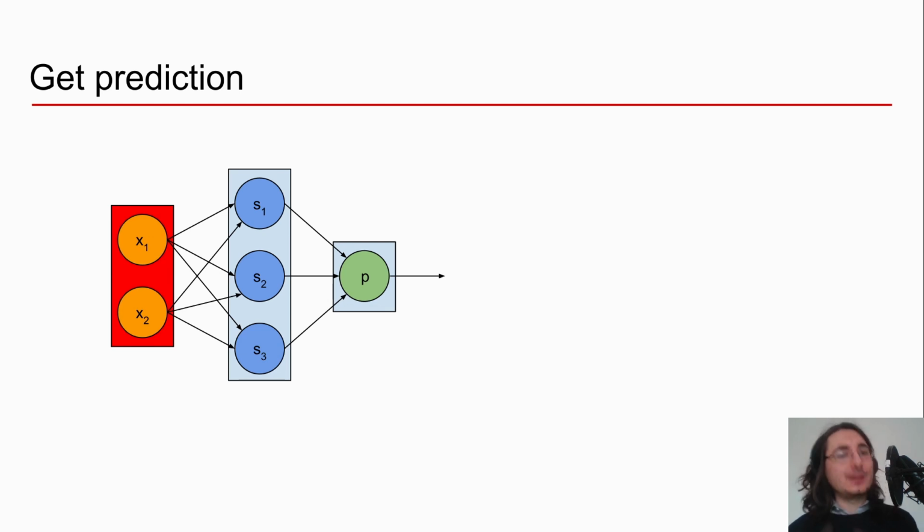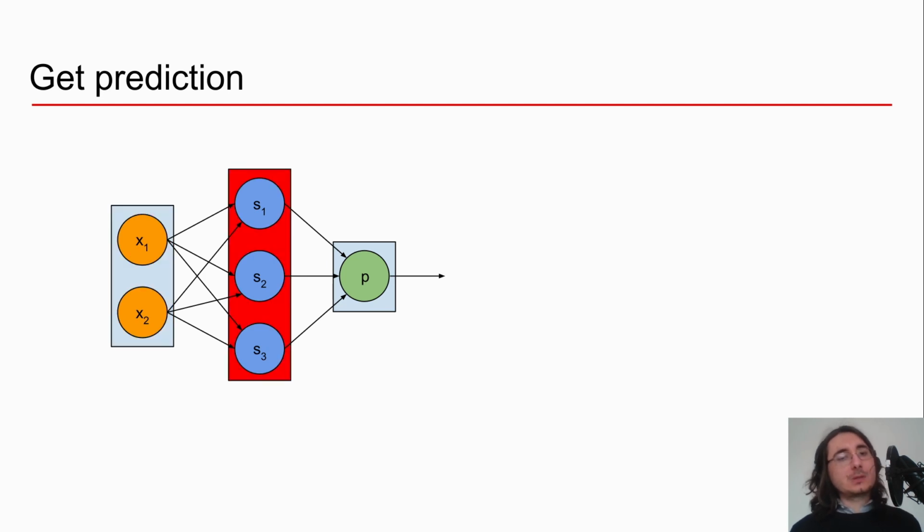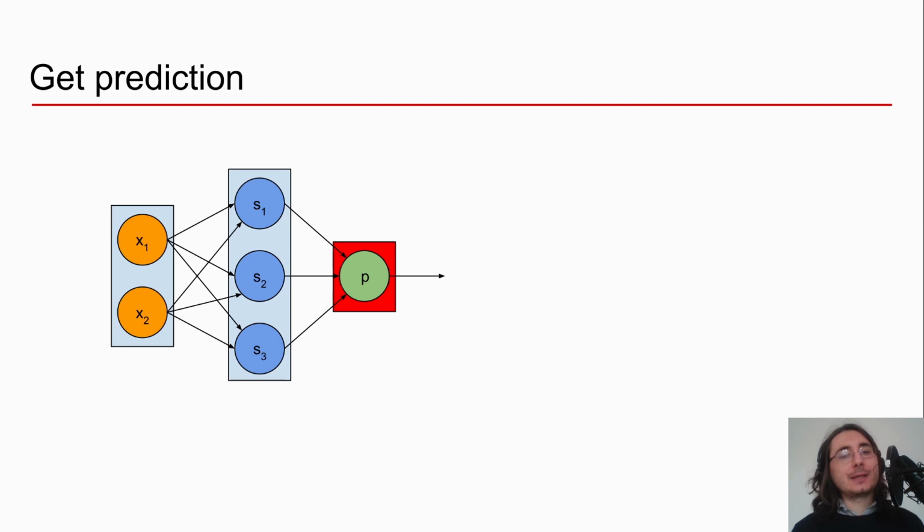So if you're interested in the specifics of this, just go back and watch that video. But in a nutshell, we have inputs. These inputs get propagated to the subsequent layers on the right, until they arrive at the last layer where we get a prediction.